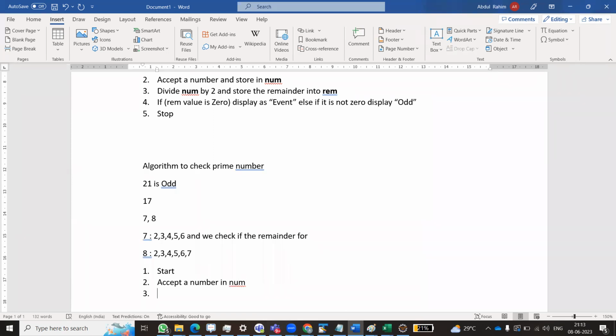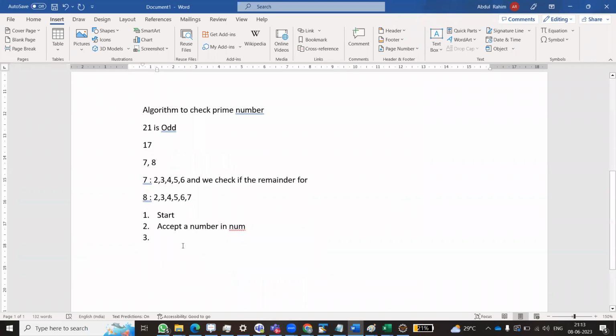So now the question is, how do we identify whether the value in num is prime or not? So what should we do? How do we start? Any guess, any thoughts?